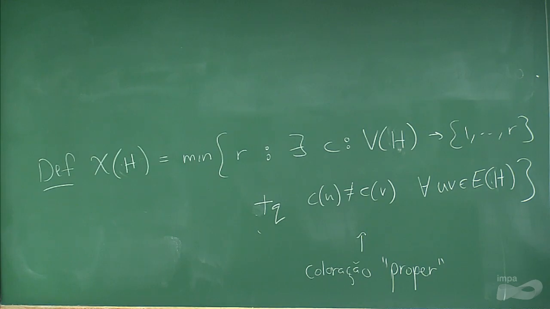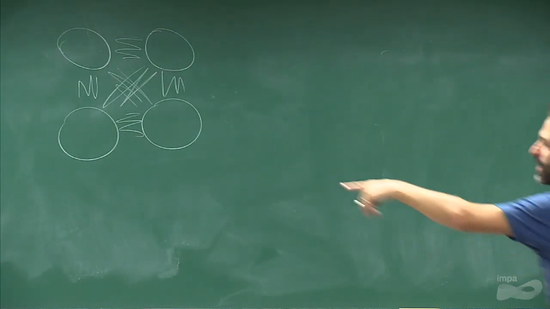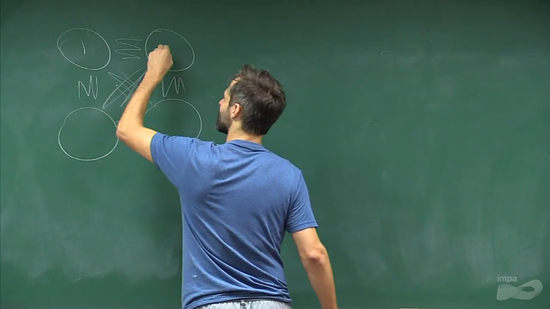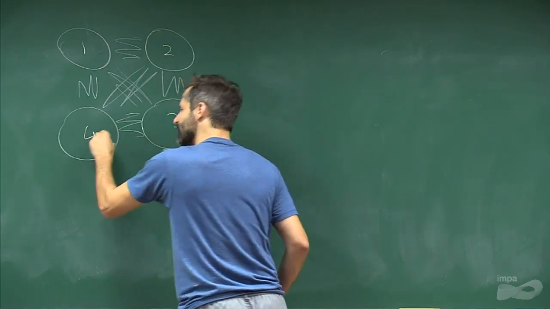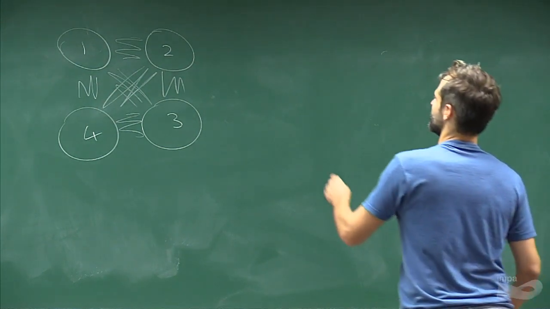It's always potatoes. What's the chromatic number of this graph? Number of potatoes, exactly. This is a four-partite graph. You can colour each potato with a different colour, every vertex inside with a different colour. So if the chromatic number of H is 5, it's not contained in this.